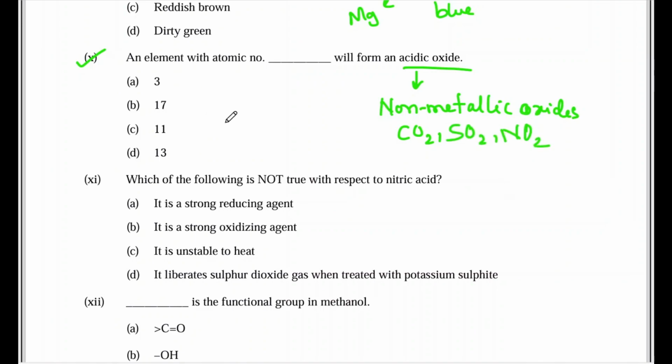So out of these four, this one 2, 8, 7 is a non-metal. This one 2, 8, 1 is a metal. 2, 8, 3 is a metal, right? If there are 1, 2, 3 valence electrons, that is a metal. The answer should be B, non-metal. Which is that? Chlorine. Chlorine oxides, Cl2O, ClO2, many oxides are there, that will be acidic.